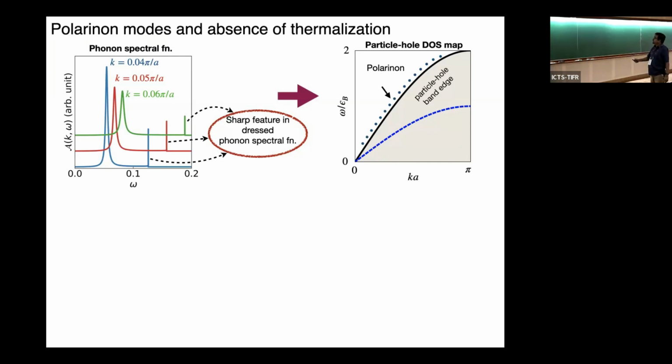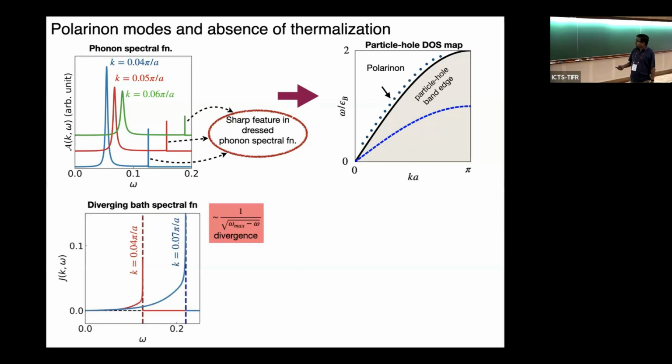And if you plot these points, you will see that these points are just above the particle hole band edge. So if you had a mode there, of course, it will not see any bath, but this is not a phonon mode. This is a mode that you have formed because the phonon is getting dressed by the bath.